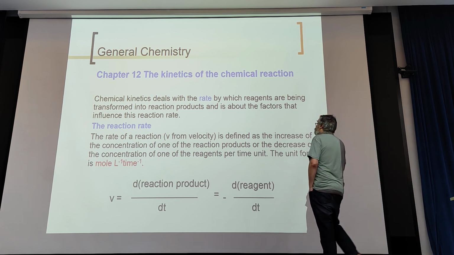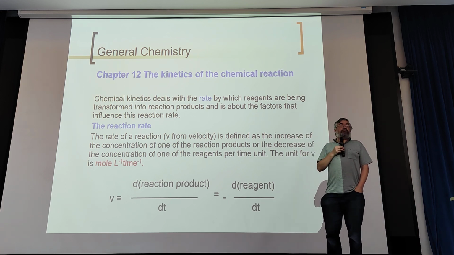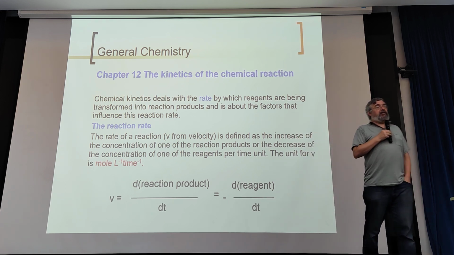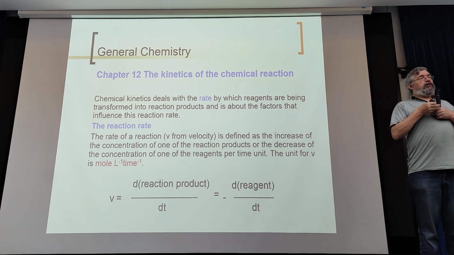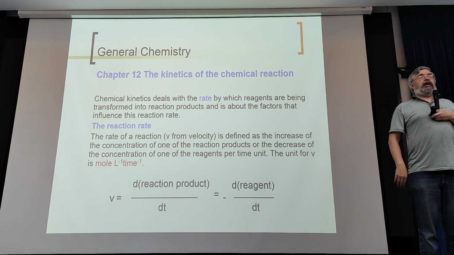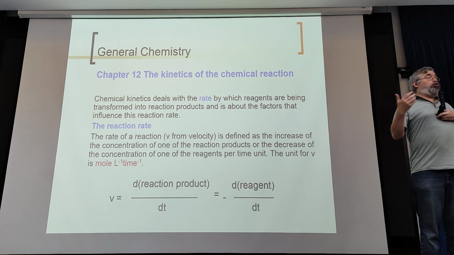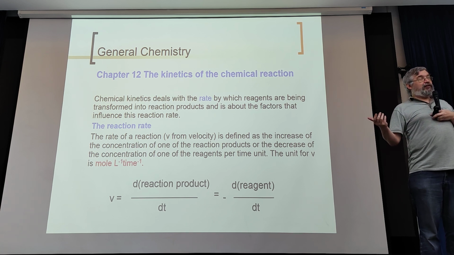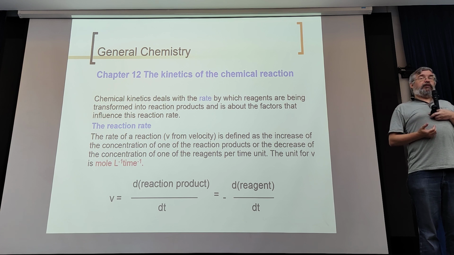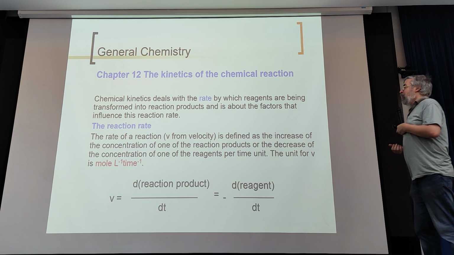Now, the rate of the reaction could be considered in two different ways, because you always have reagents and you have products. So you could say the rate is the degree to which the reagents are disappearing, or the degree with which the products are being formed.